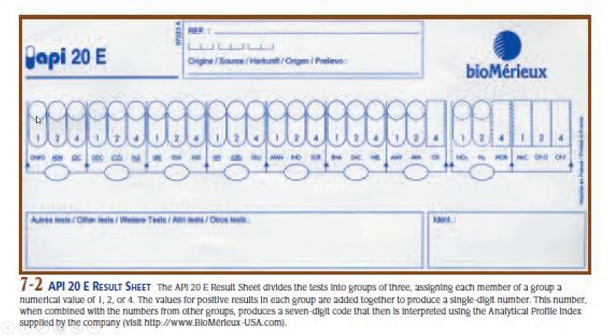If the first test is positive, we will count the 1, and if the second test is negative, we will not count it, and if the third test is positive, we will count the 4 and add together 1 and 4, which makes 5. We write it over in this oval box, 5 is written here.